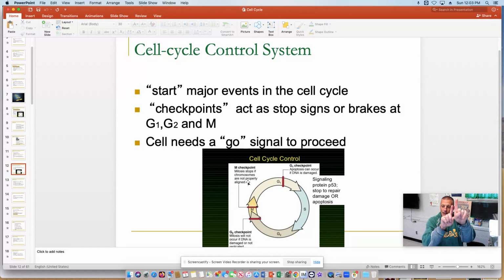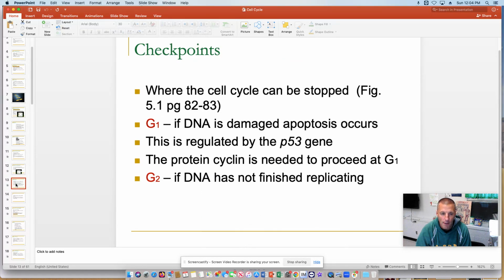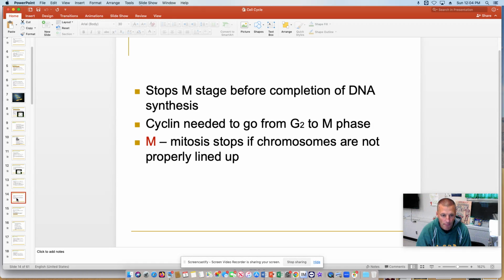Well, if they lined up like this with a 1 and a 2 here and a 2 and a 1 down there, then when they divide, one of them's going to get duplicate copies of 1 and one of them's going to get duplicate copies of 2, and they're not each going to have all the information they need. So the chromosomes need to properly align. Those are the checkpoints that we just talked about.